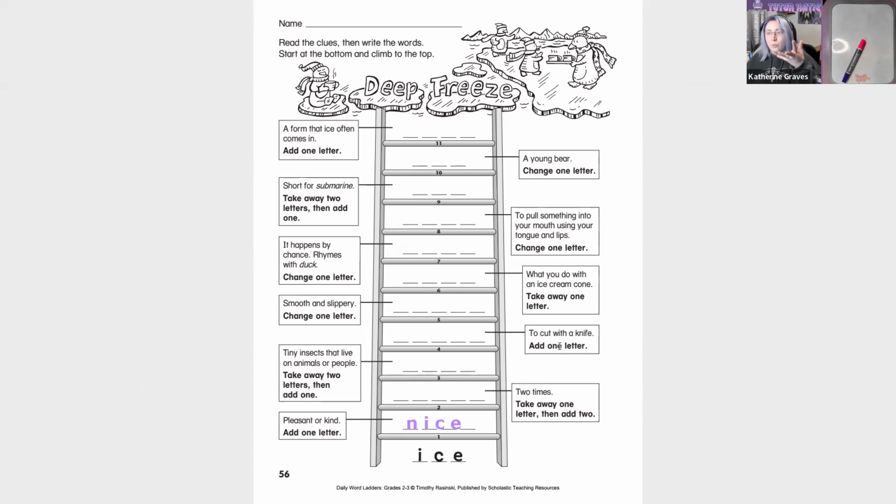Take away one letter and add two. If I do something two times, I have done it. Counting words in English can be a little tricky. Here's the letter that you take away, and I'll let you figure out which two letters you are going to add.